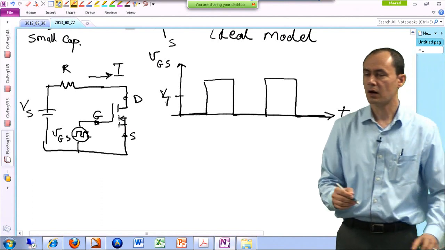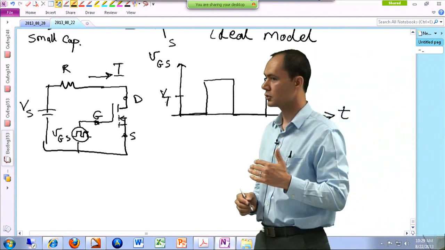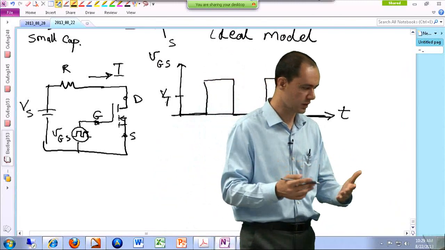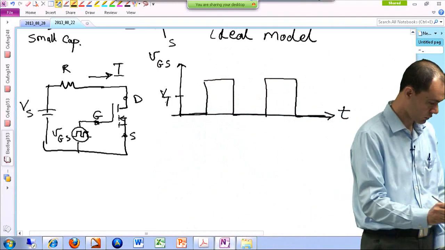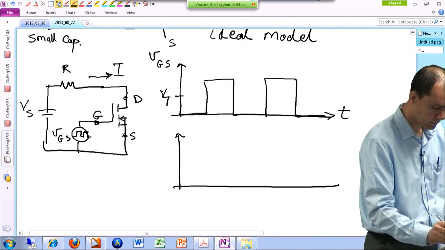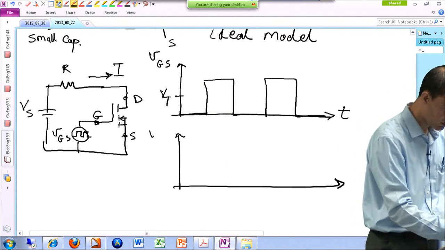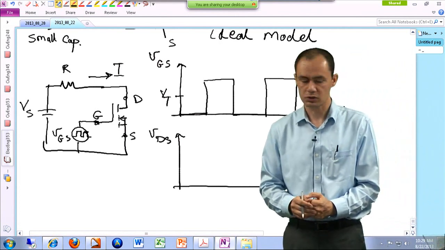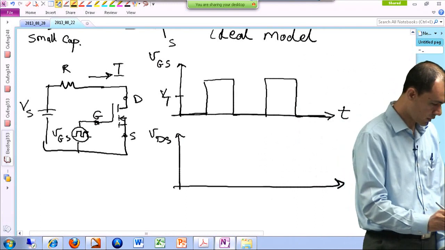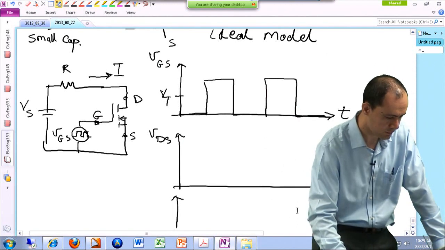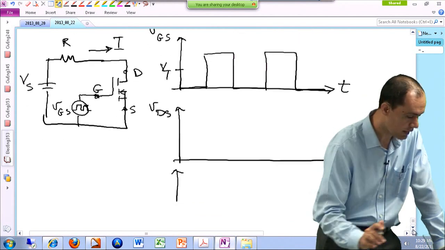That means either we are at 0 level below the threshold, or at a level that is higher than the threshold, for instance between 0 and 10 or 0 and 15 or 0 and whatever the threshold is. And then we are curious to know what the voltage waveform of drain to source looks like, and also what the current passing through this loop, which happens to be the current of the MOSFET as well, looks like.